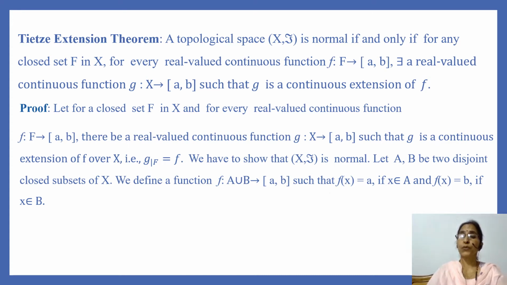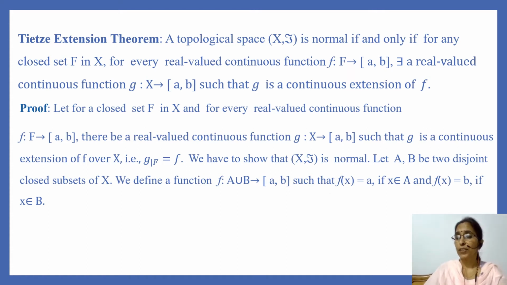We have to show that (X, τ) is normal. Let A and B be two disjoint closed subsets of X. As we want to show that the space is normal, we need two disjoint closed sets. So here we are taking A and B disjoint closed sets in X.